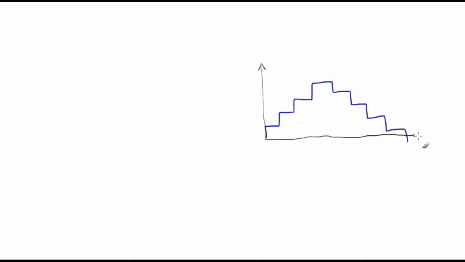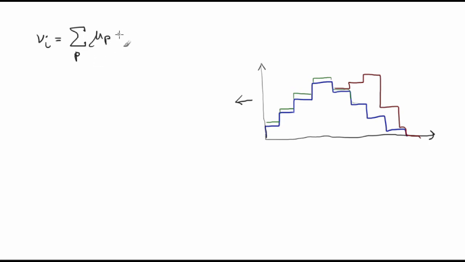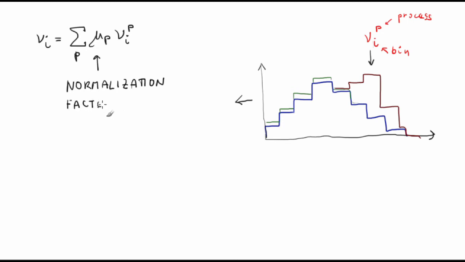When all templates are built, we can sum them up to get an expected number of events in each bin. We can write ν_i is equal to the sum over p of μ_p ν_pi. Obviously, ν_pi stands for the expected number of events in a bin i coming from a process p. Terms μ_p are typically free parameters that are to be estimated in the fit.